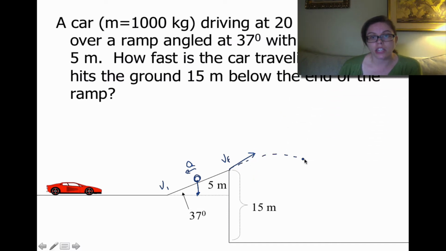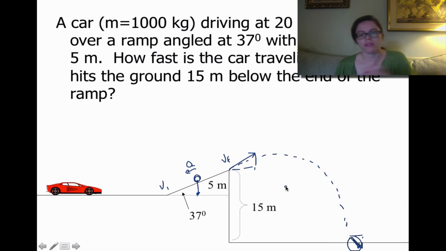Now you have a projectile motion problem, and then you'd have to find your x and y components of this initial velocity and solve for your x and y components of the final velocity, and then do Pythagorean theorem at the very end to get your final velocity. So several steps and a lot of potential to mess up algebraically along the way. So, kind of a hairy problem.